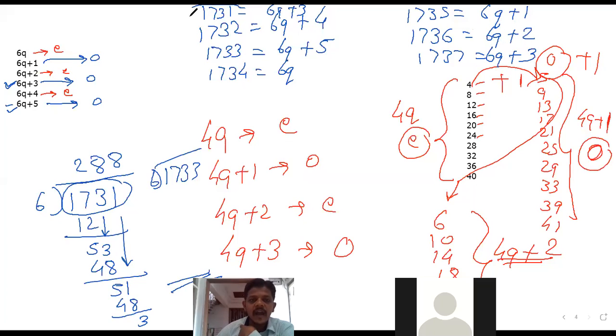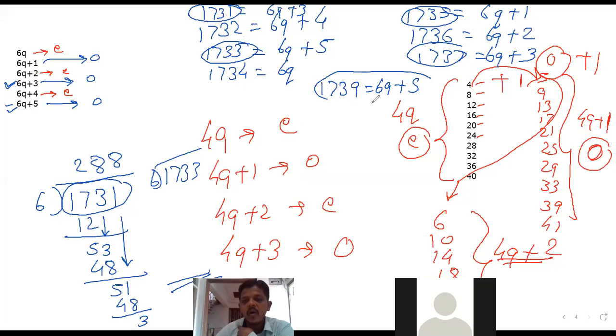Whatever are your odd numbers, 1731, 1733, 1735, 1737, and 1739 will again be 6q plus 5. All the odd numbers will either be 6q plus 1, 6q plus 3 or 6q plus 5, whereas the even numbers will be 6q, 6q plus 2 or 6q plus 4.